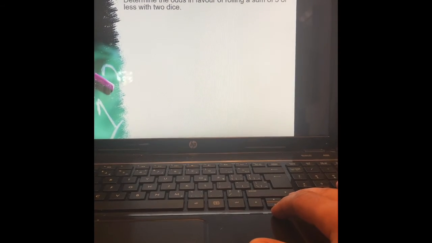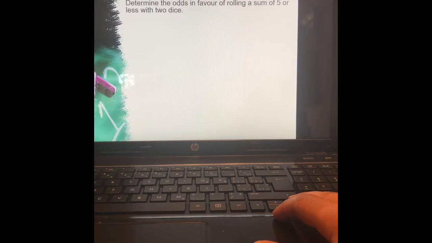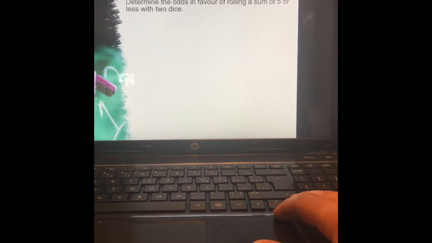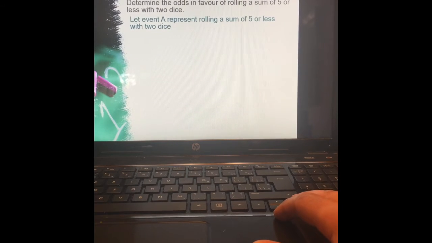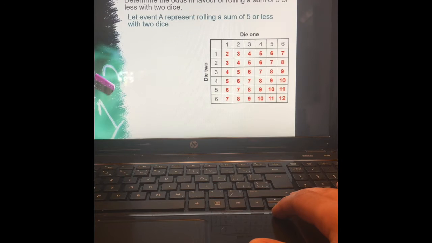Determine the odds in favor of rolling a sum of 5 or less with 2 dice. First, with 2 dice, you need to make the diagram. So there's your diagram. Odds in favor of rolling a sum of 5 or less. So you've got to go to the 5s.